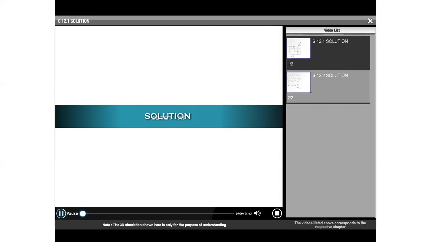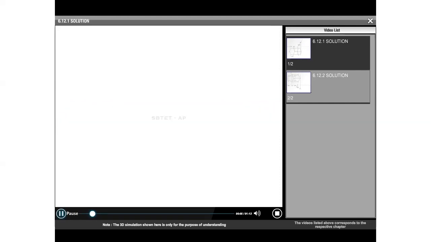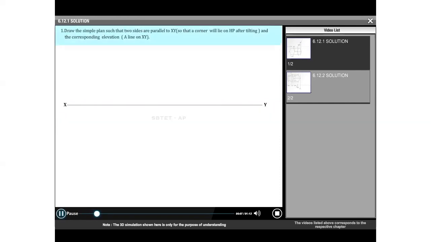Solution to example problem 16. Draw the simple plan such that two sides are parallel to XY so that a corner will lie on HP after tilting, and also draw the corresponding elevation.